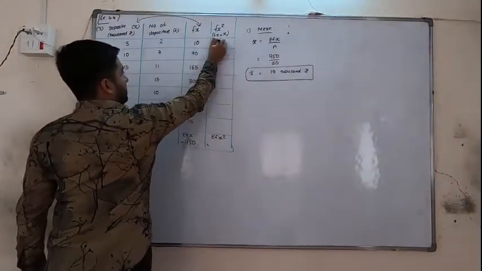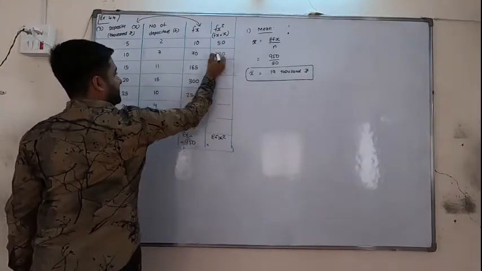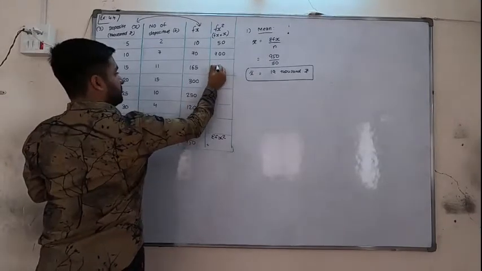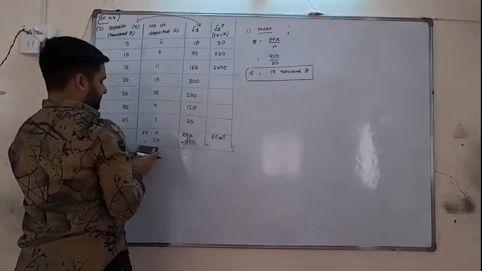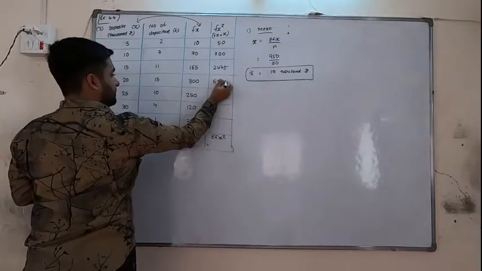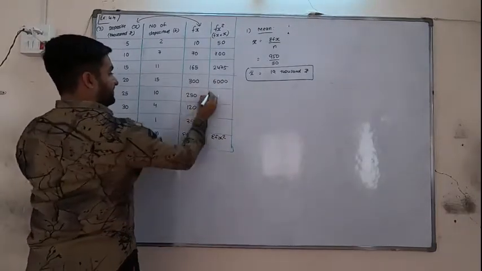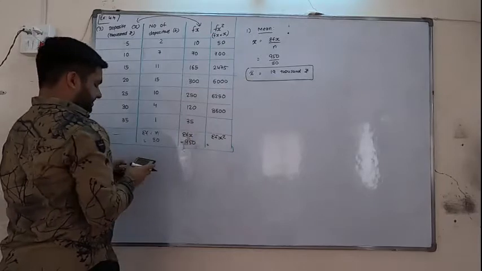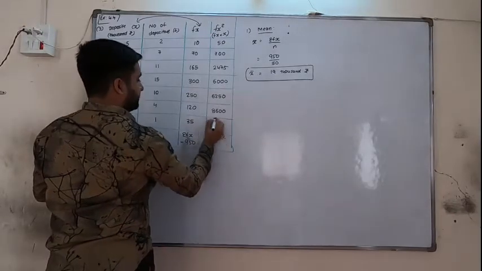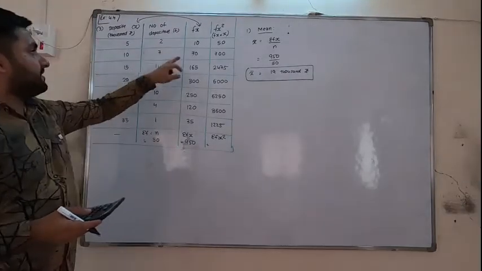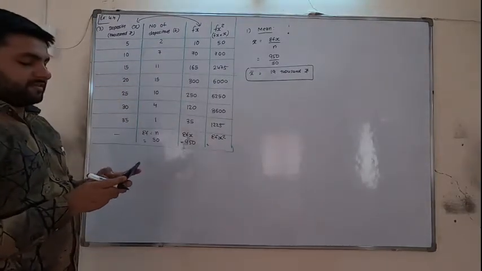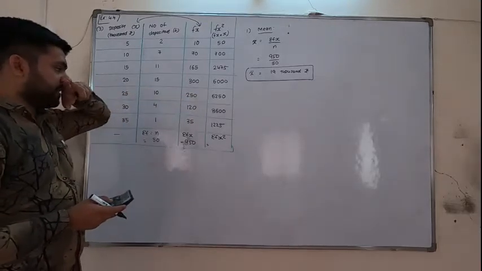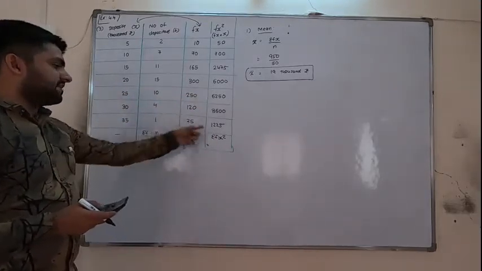So 10 5s are 50, 70 into 10 is 700, 165 into 15 is 2475, 300 into 20, 6000, 250 into 25, 6250, 120 into 30, 3600, 35 into 35, 1225.